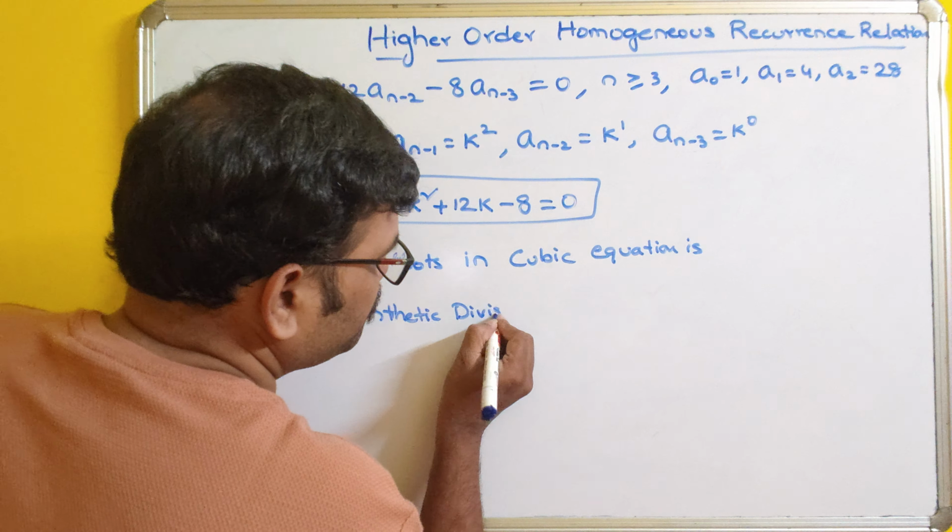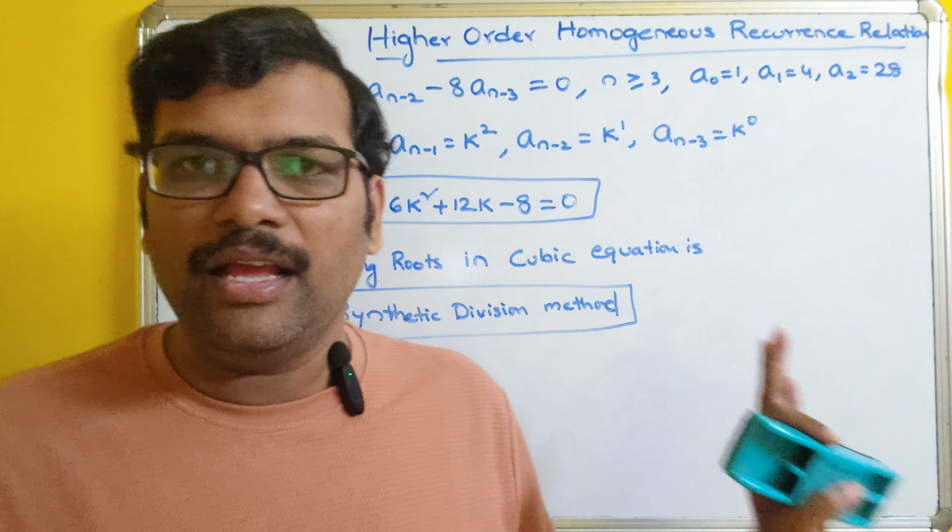By using this synthetic division method, we can find the roots of a cubic equation, right? Most of you know about this synthetic method, or if you don't know, no problem, I'll explain everything.